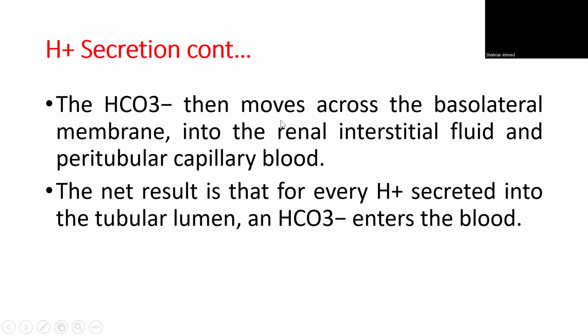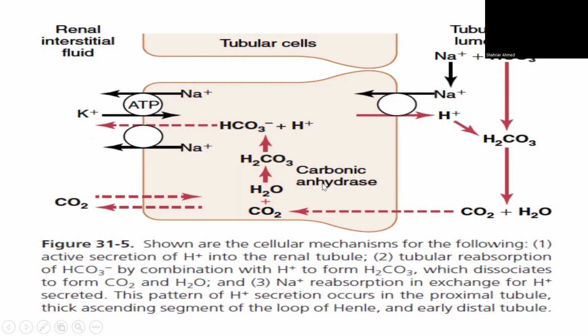The bicarbonate then moves across the basolateral membrane into the renal interstitial fluid and peritubular capillary fluid. The net result is that for every hydrogen ion secreted into the tubular lumen, a bicarbonate ion enters the blood. That is, hydrogen ion secreted, bicarbonate ion reabsorbed.